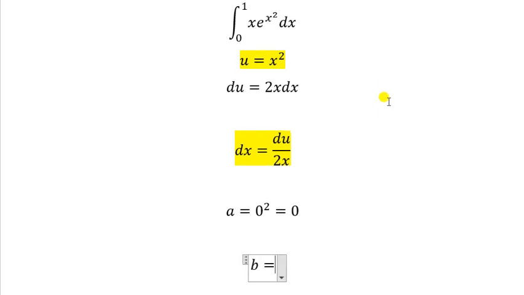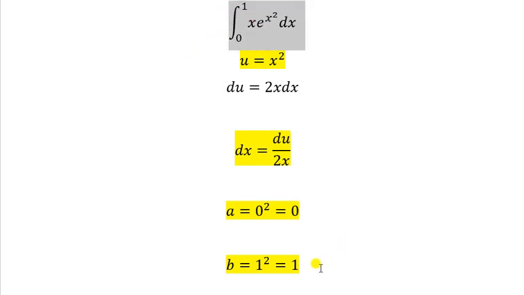In this case, b equals, again, we substitute 1 for x, so we get 1 squared, which turns out to be just 1 as well. Okay, so these are the other two important equations we will need when doing our substitution. So let's mark them yellow.